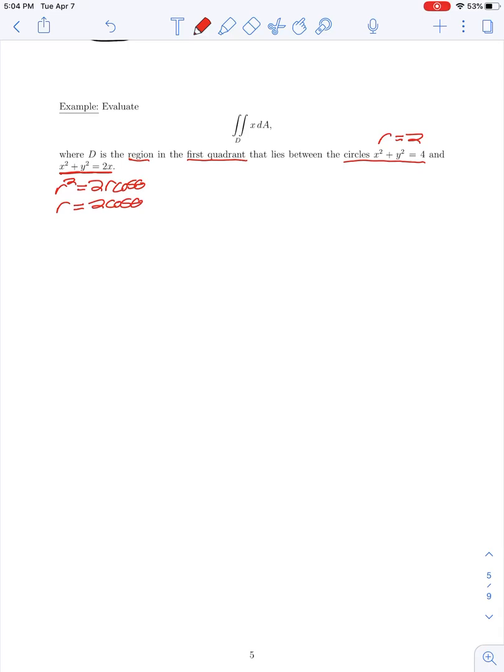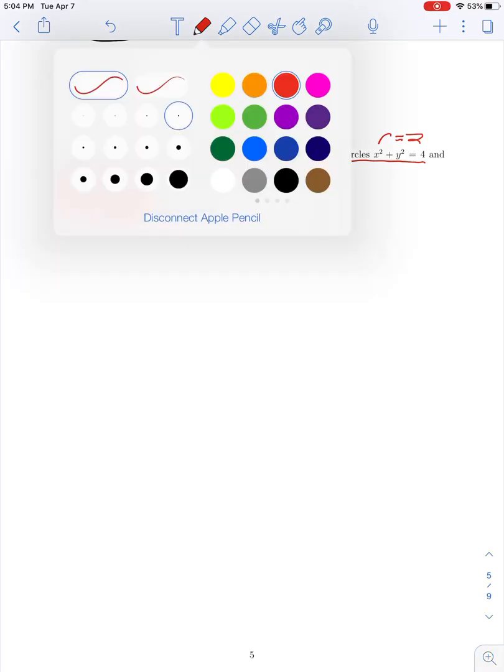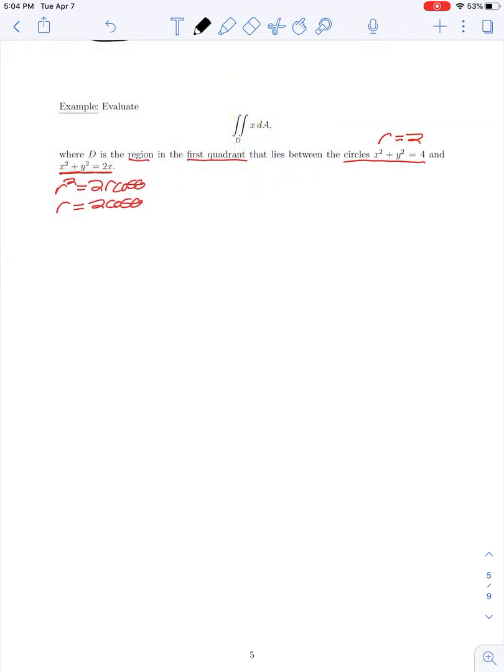So let's think about visualizing our region of integration and then see how we could describe it in terms of these polar coordinates. So here we're looking at the part of the region bounded by these two circles in the first quadrant. So we only need to consider the first quadrant of the xy plane. And our first circle was x squared plus y squared equals 4, or r equals 2. So that is the circle centered at the origin of radius 2.